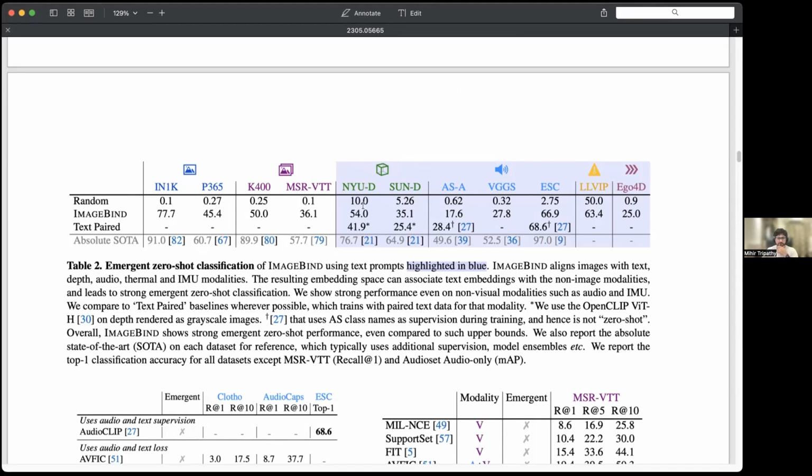As you can see from the results, they're not super high if we compare them to the absolute state of the art, but it gives a promising start to such emergent zero-shot classification. And to be fair, when this paper was published, there were no actual emergent zero-shot results.